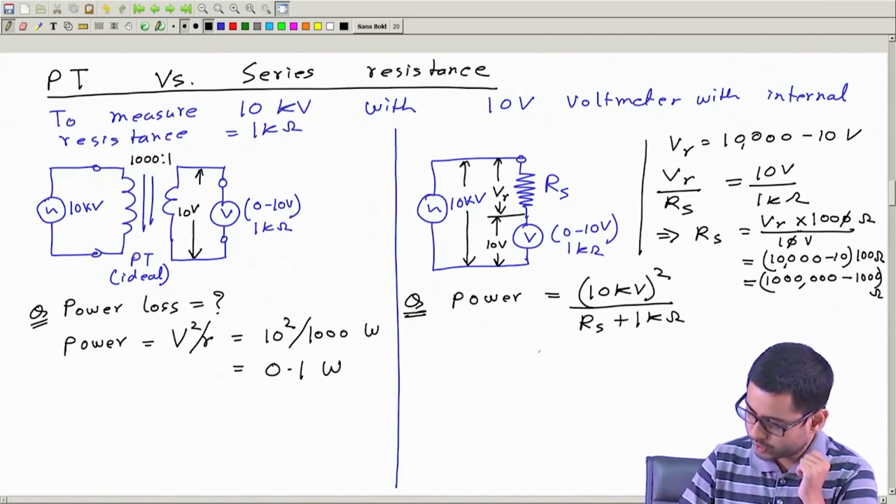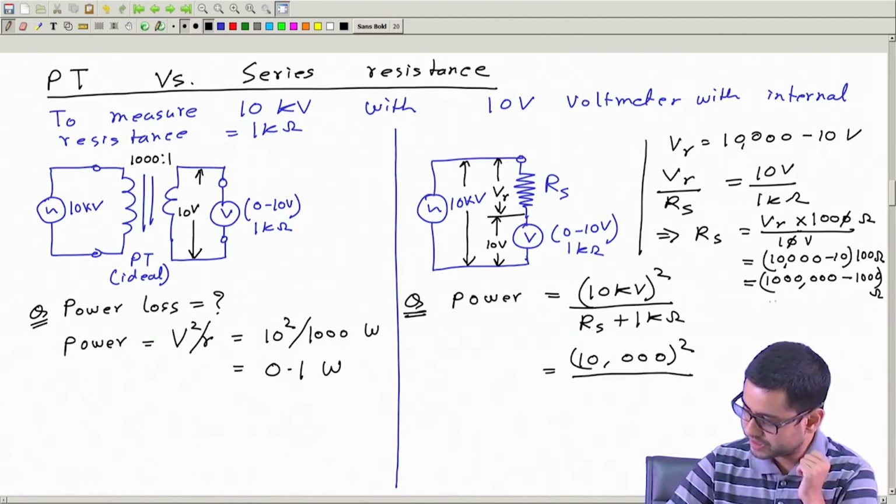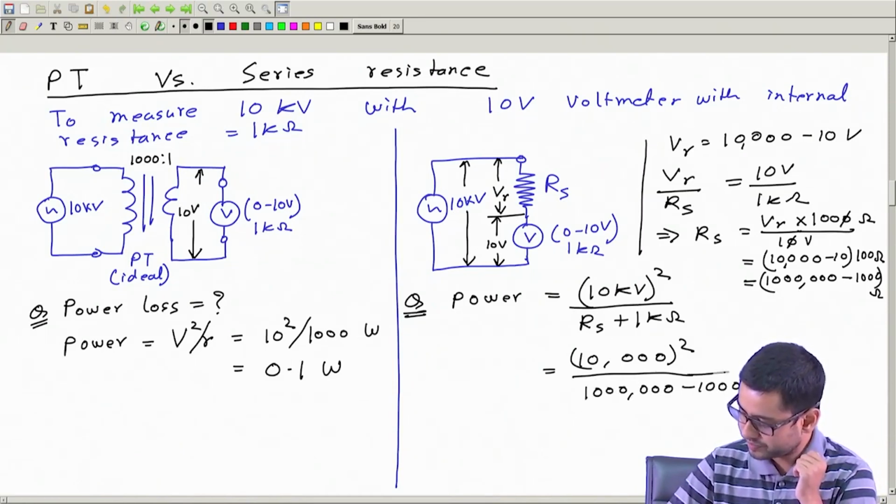Here we can write 10 kilo squared divided by Rs plus 1 kilo ohm, which is this minus 1000 plus 1 kilo ohm.